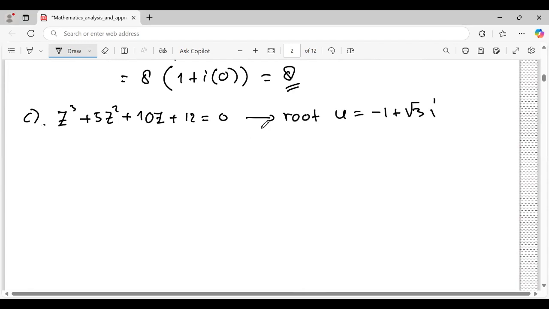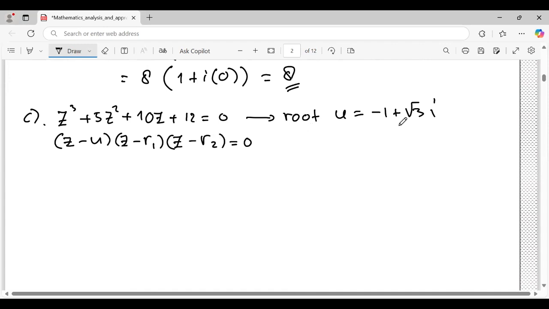If this equation has 3 roots, because this is a cubic equation, then the factors are z minus u, z minus the first root, and z minus the second root equals 0.